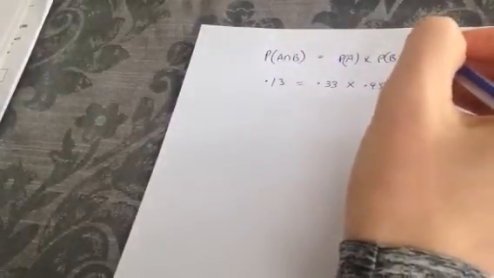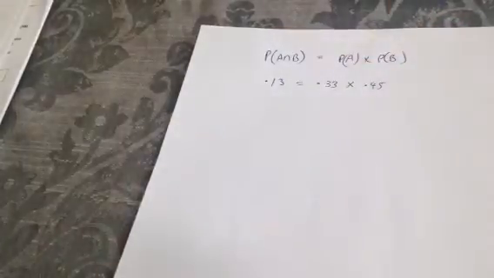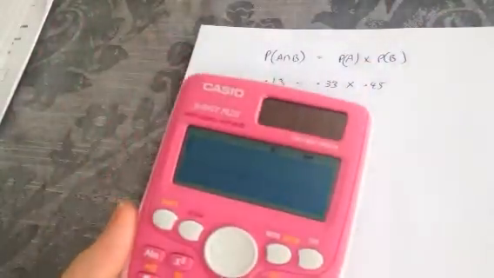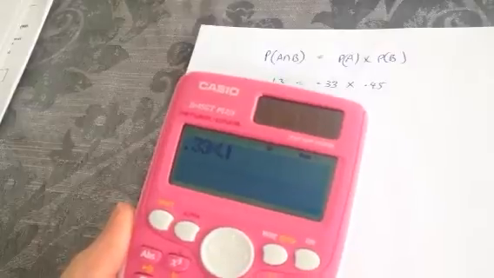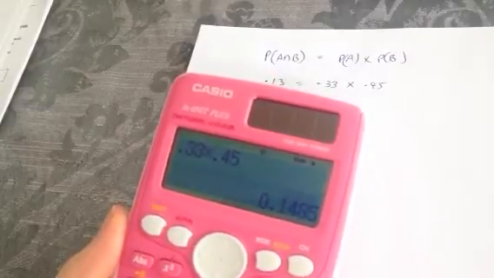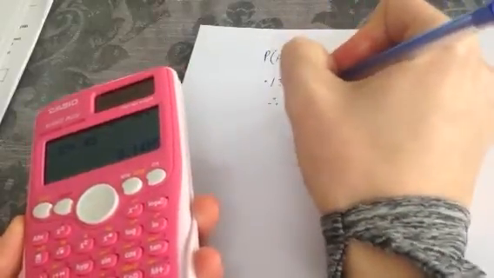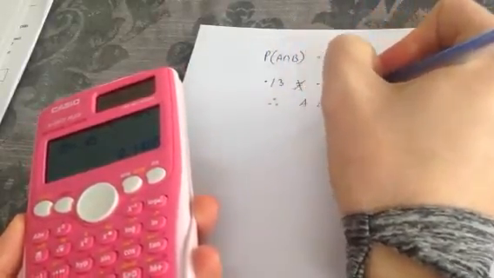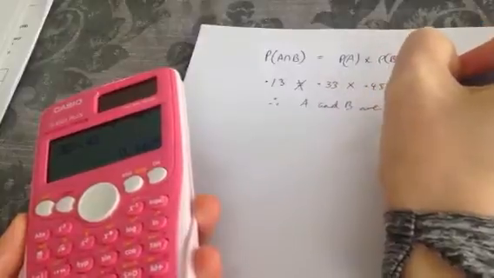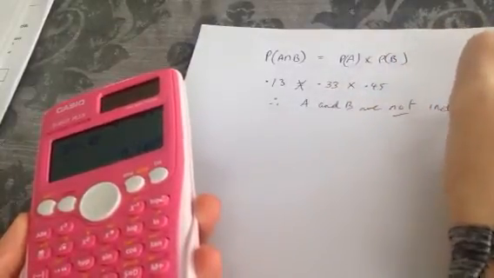If you put 0.33 times 0.45 into your calculator, okay, they're not equal, therefore A and B are not independent events.